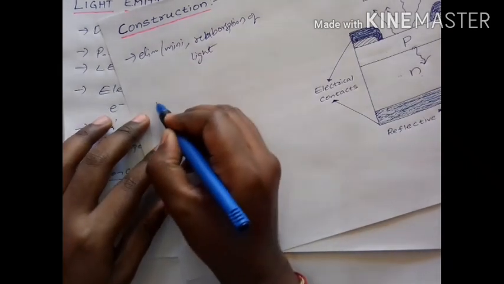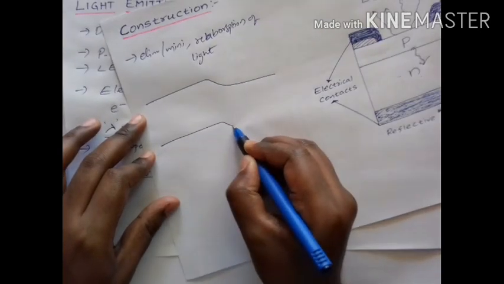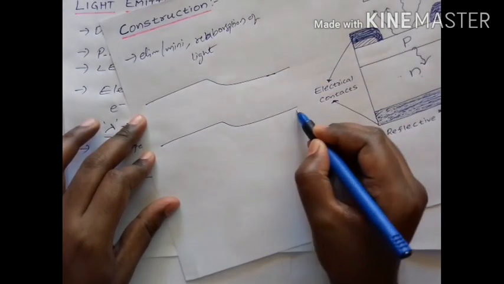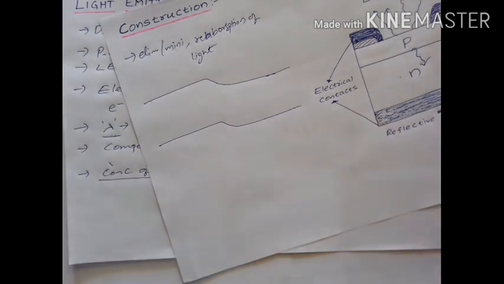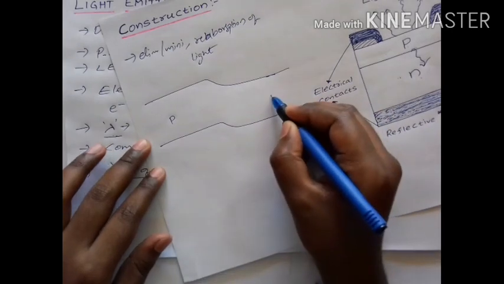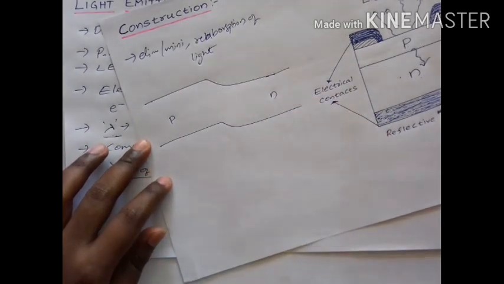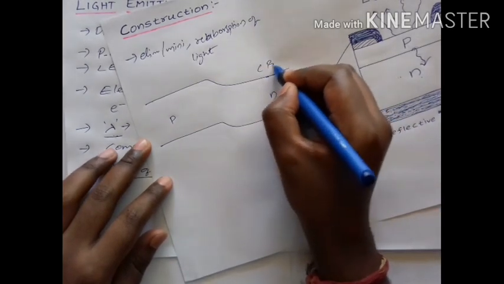And then how the light is emitted, we will see now. We all know the electrical energy levels of the PN junction diode. Let us consider this is p-type semiconductor and this is n-type semiconductor, and this is our valence band and this is our conduction band.